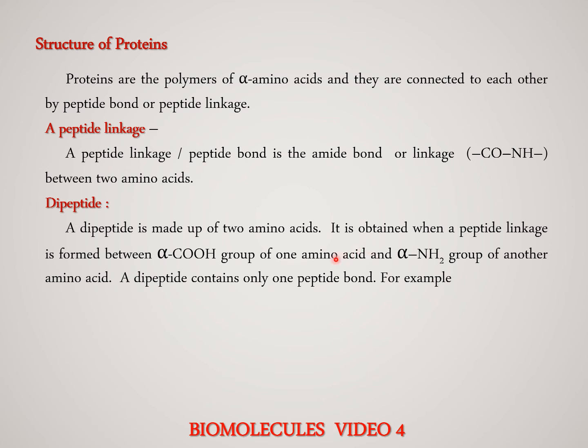And here the peptide linkage is a link between the CO and NH group of the amino acids. Therefore a dipeptide will contain only one CONH linkage and it has only one peptide bond.